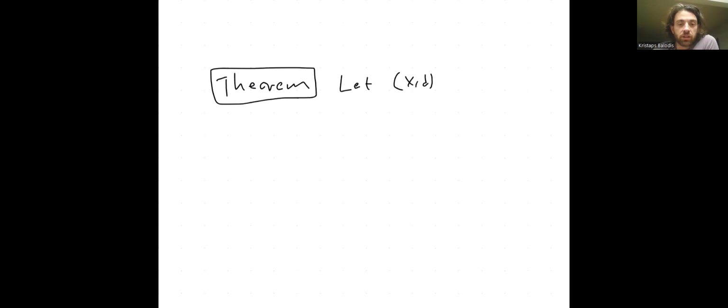Okay, so theorem. I'm going to do this in painstaking detail. And for my students, you probably already know that the alternative write-up is attached to the email. So let (X, d) be a metric space.